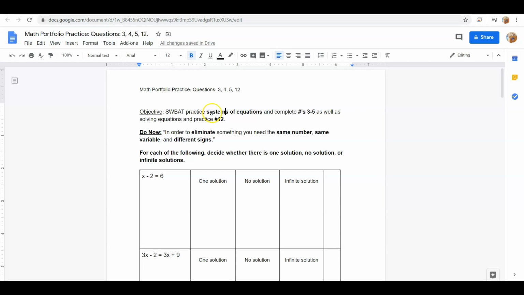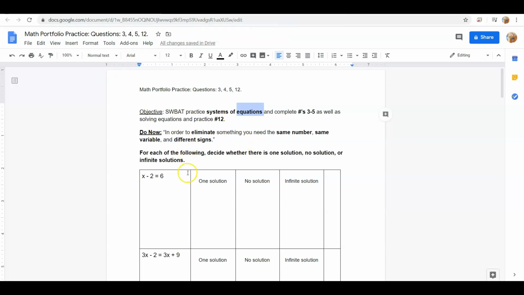Well, the word systems in this case means a set of or multiple of. To be in a system means there's multiple like things inside of it. And for this set of examples, it's multiple equations. So a system of equations is just simply a set of equations.